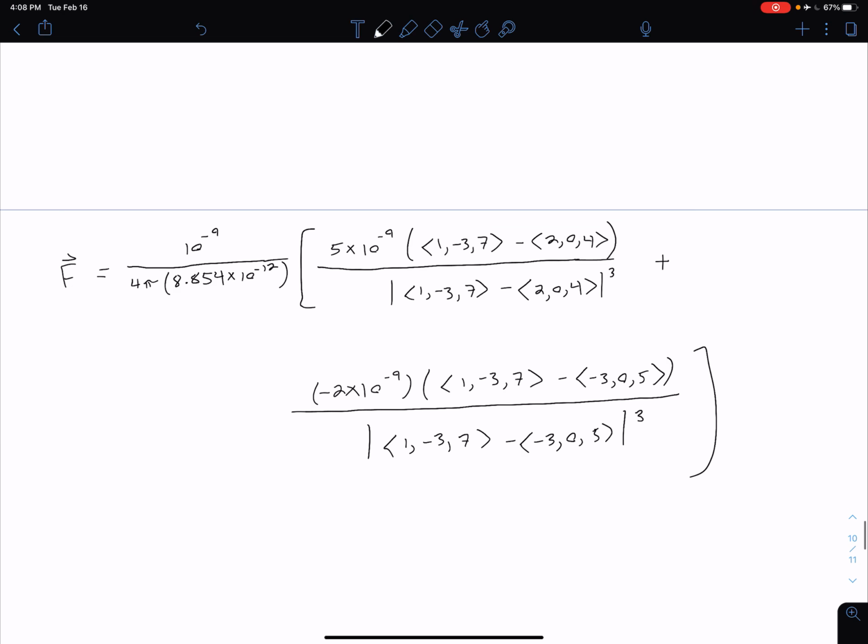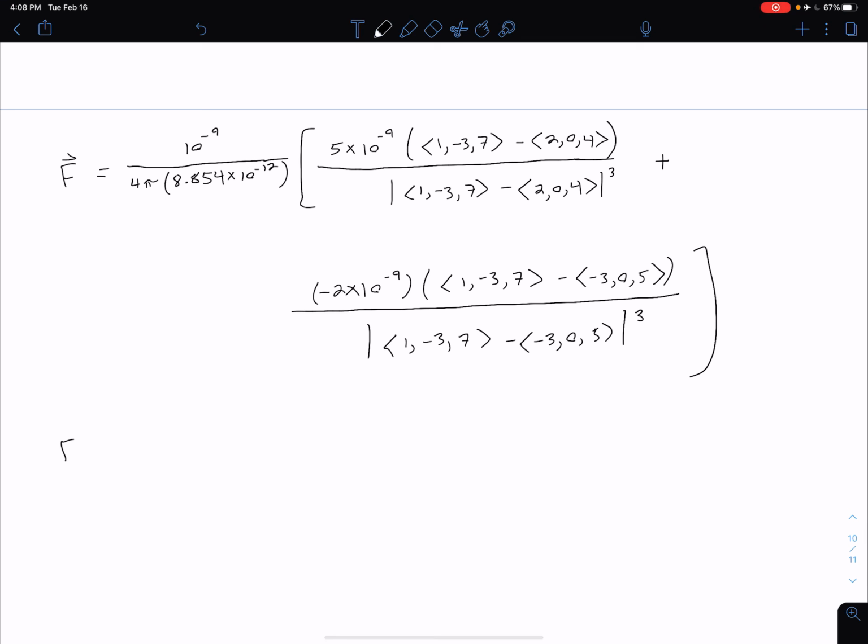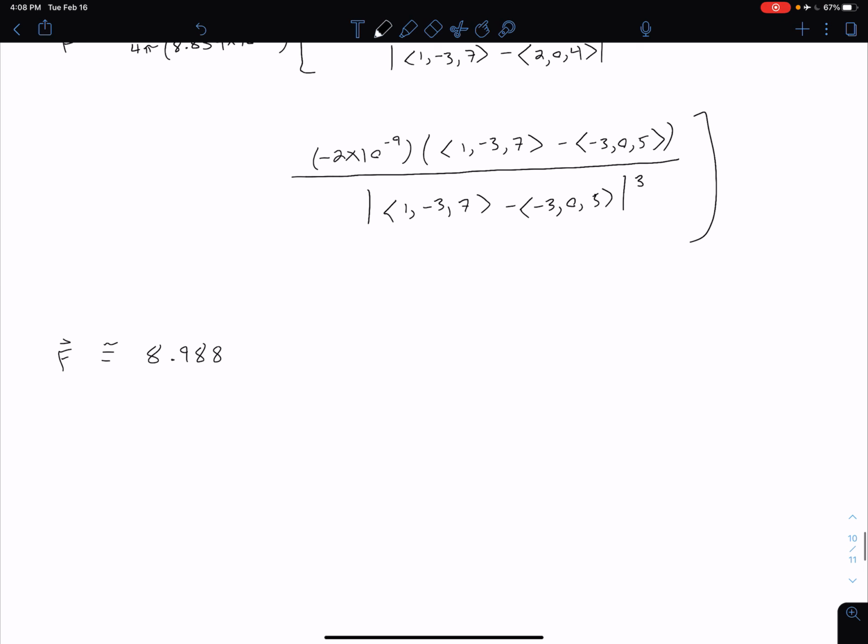Okay, so if we evaluate some of these things, we can begin reducing this a little bit. So the term out front is approximately 8.988. So again, let me move down so we have a little more space so we're not getting mixed up. And so this is going to be multiplied again by 2 terms. So we have our 5 times 10 to the negative 9th, and so that is multiplied by a vector negative 1, negative 3, 3.